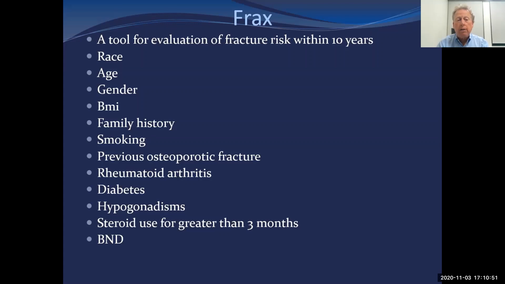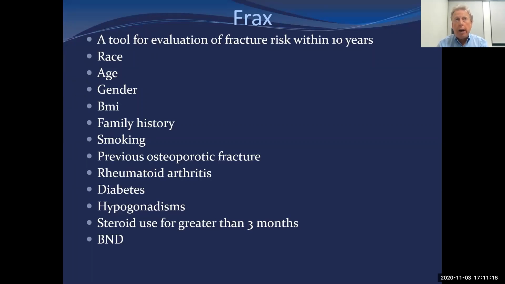Those questions involved race, age, gender, BMI, family history, smoking history, whether you had a previous osteoporotic fracture, whether you had rheumatoid arthritis, diabetes, whether you were menopausal or hypogonadism, which refers to your hormone levels.